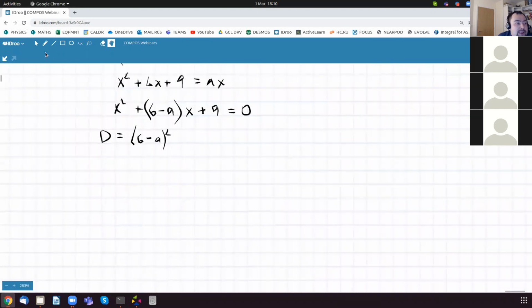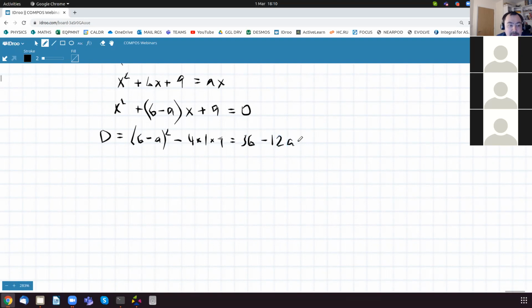Discriminant is b squared minus 4ac, so 4 times 1 times 9, which gives us 36 minus 12a plus a squared minus 36.